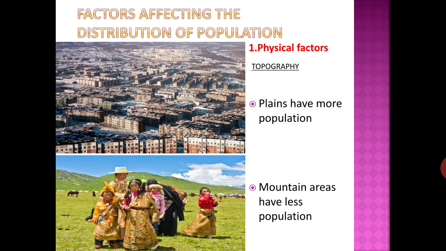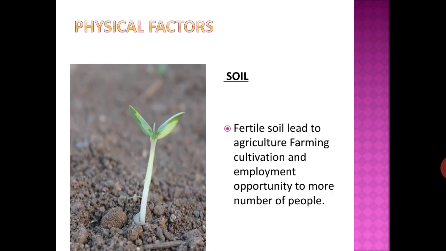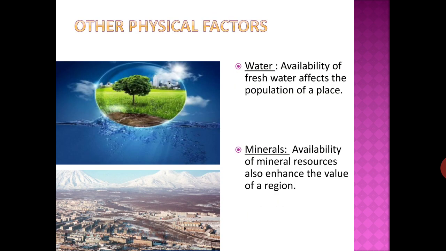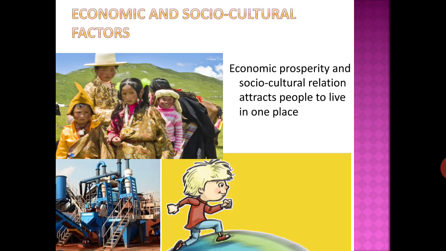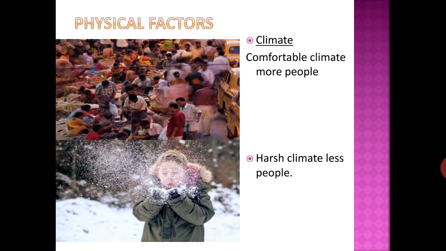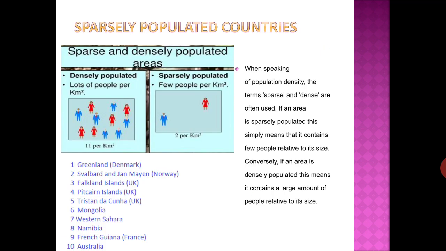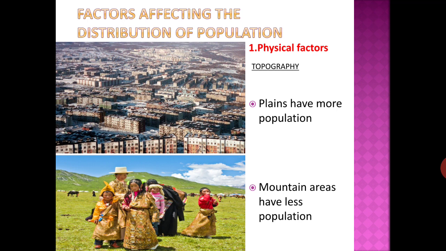Another one is the desert region, where there is no water, life becomes impossible to survive, and there is very little vegetative cover, and very few animals live there, those who are naturally endowed with adaptive qualities. Only they survive in the desert region. So that is why very few people are living in these regions.